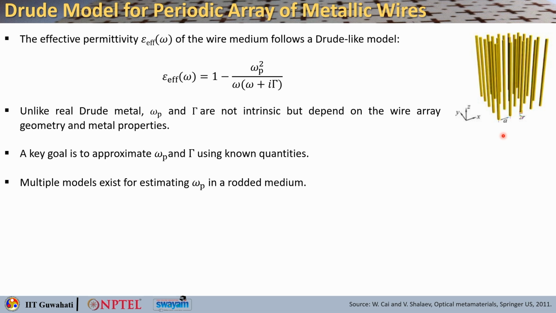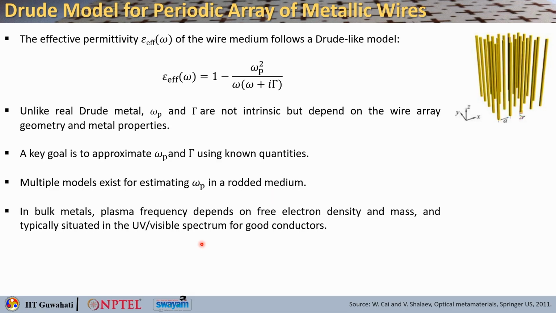There are multiple models that exist for estimating this effective plasma frequency in such a rodded medium, but we will strictly follow the effective mass approach that was initiated by Sir John Pendry in his seminal paper.